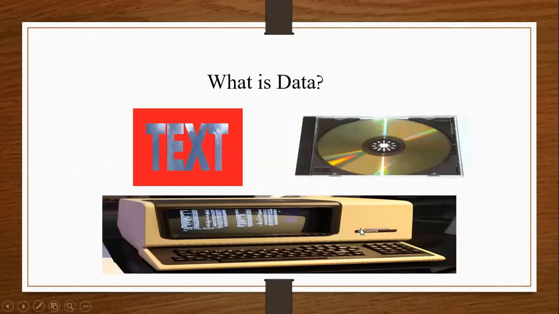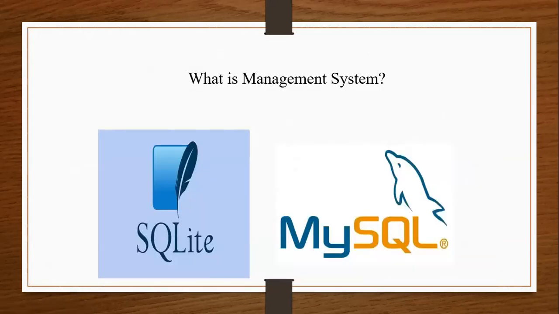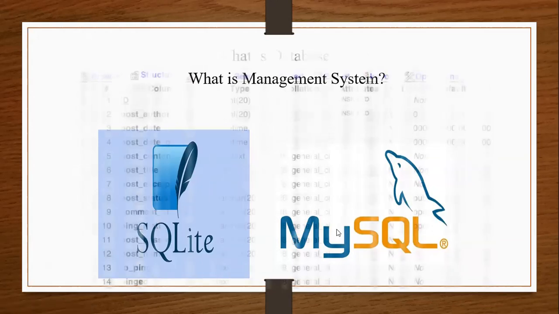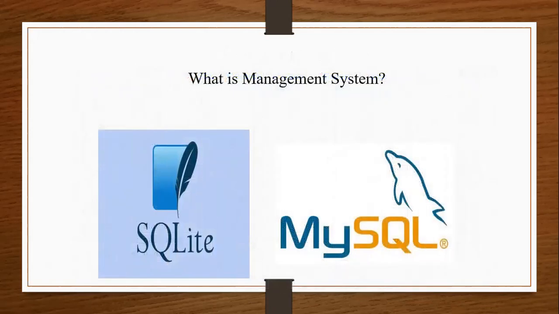What is management? What is a management system? To manage this data, we require some system. We require some software to manage the data. There will be a huge amount of data in the tables. If I have to remove particular data from the table, if I have to remove a particular row from the table, remember, a row is technically called a tuple in DBMS.